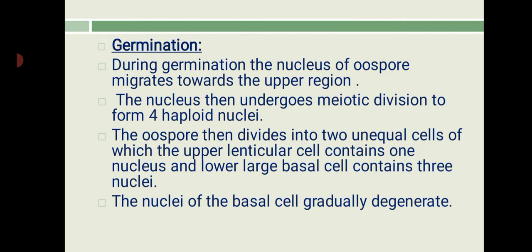That is, oospore का nucleus sporophytic phase को represent करता है, और अब इसके बाद it undergoes meiotic division to form 4 haploid nuclei. The oospore then divides into 2 unequal cells, of which the upper lenticular cell contains 1 nucleus and the lower large basal cell contains 3 nuclei. The nuclei of the basal cell gradually degenerate, disintegrate, खत्म हो जाते हैं.